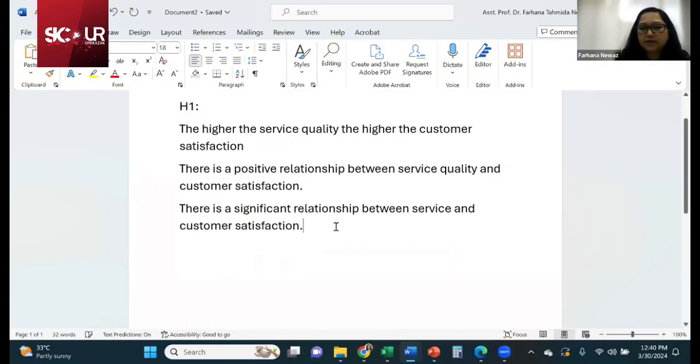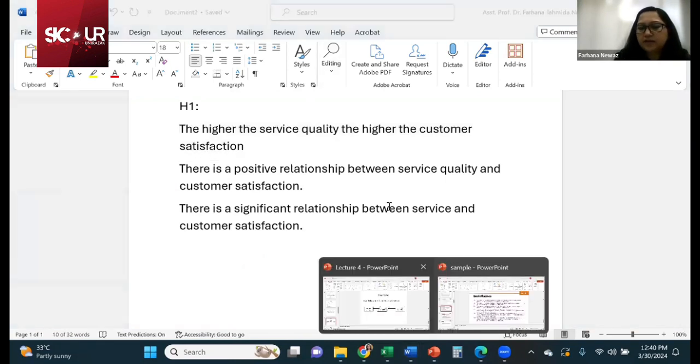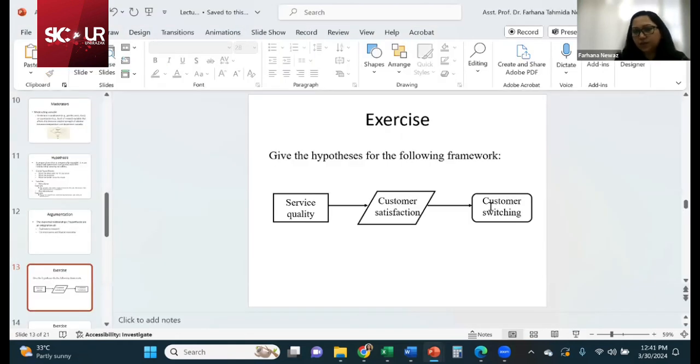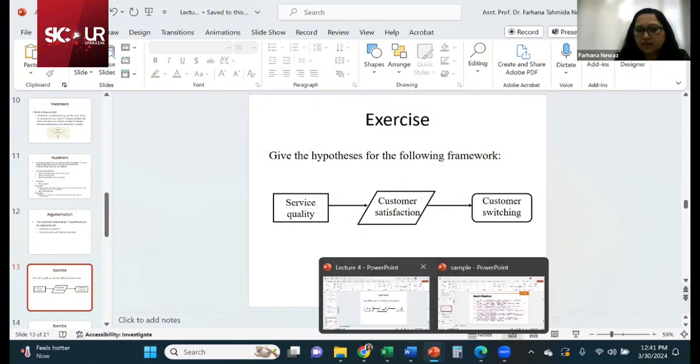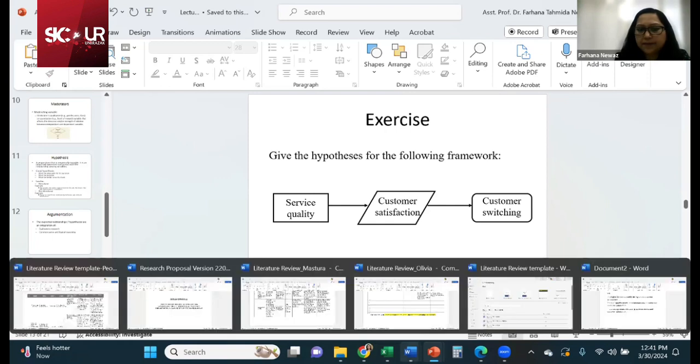The second hypothesis is what? There is a significant relationship between customer satisfaction and customer switching, right? When you are satisfied, you are not going to switch, right? So the higher the customer satisfaction, the lower the customer switching. So just write it down simply, like this way.